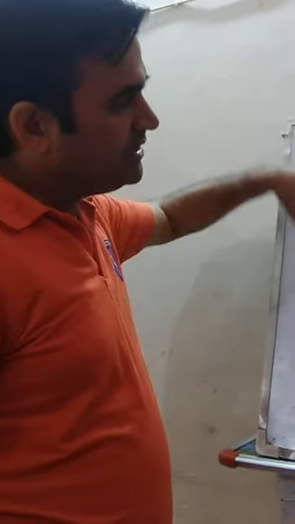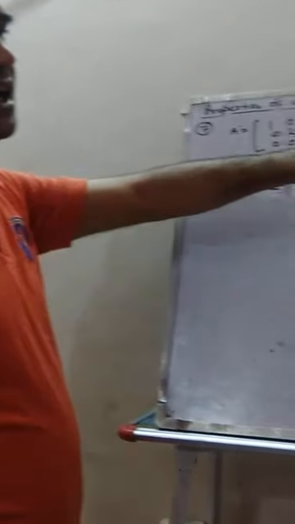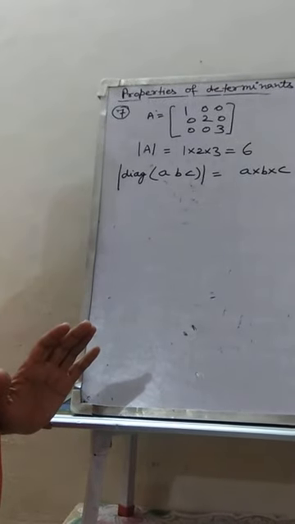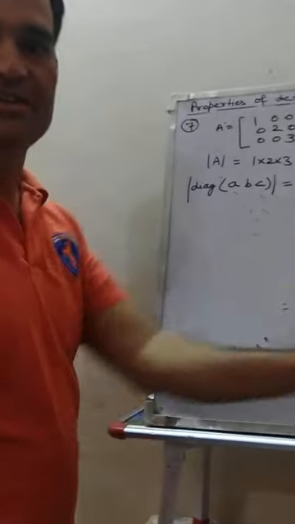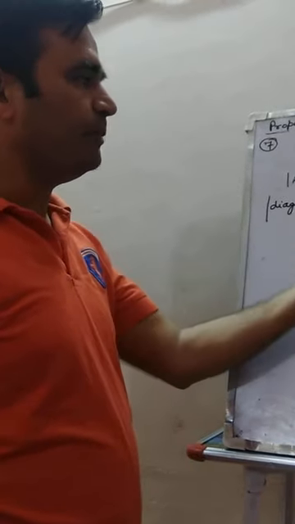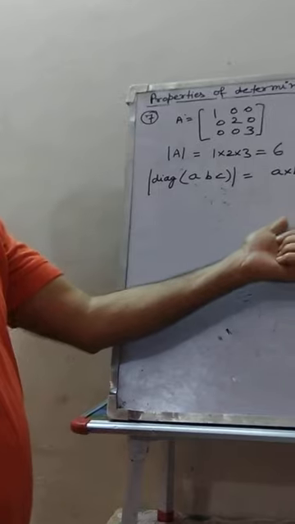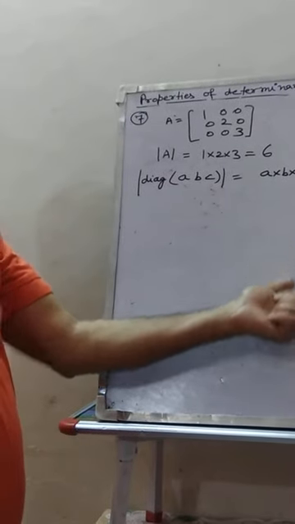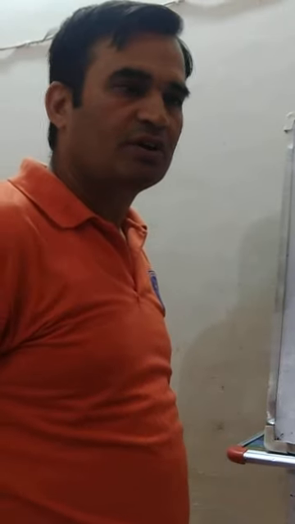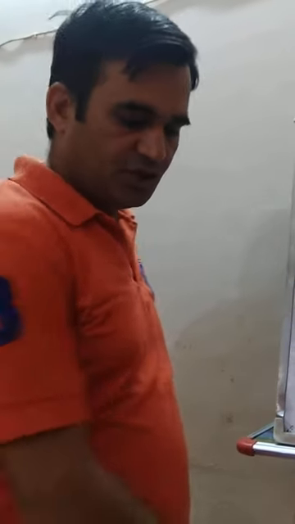These properties are for reducing the calculation, to make our work easy. So first of all, we will try to make any two elements of any row or column 0 before expanding it. See what I am saying.